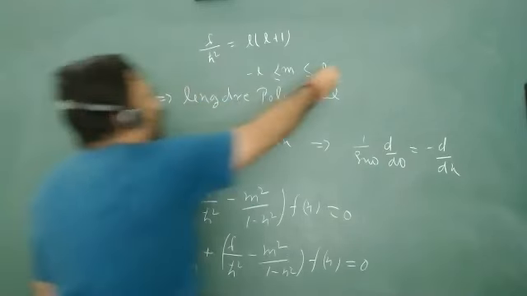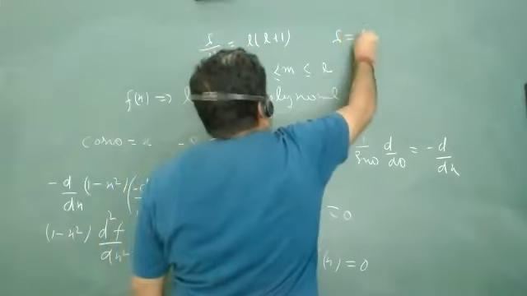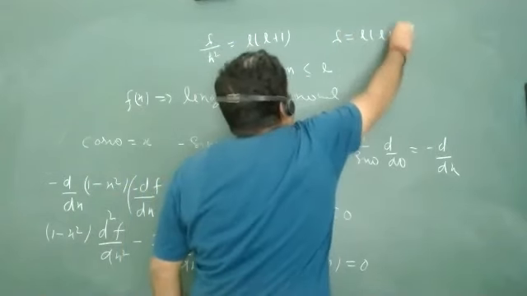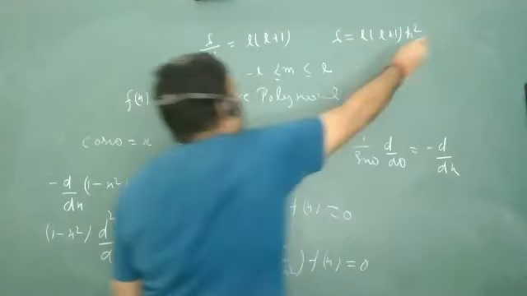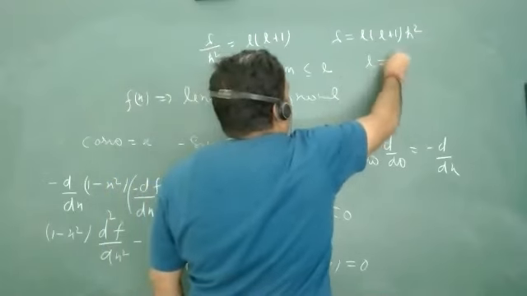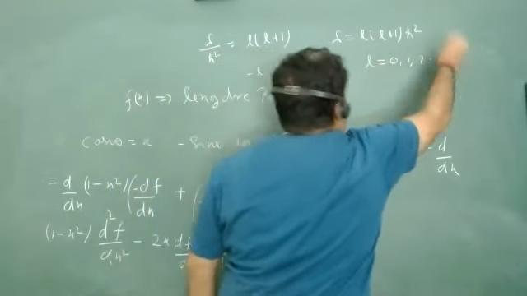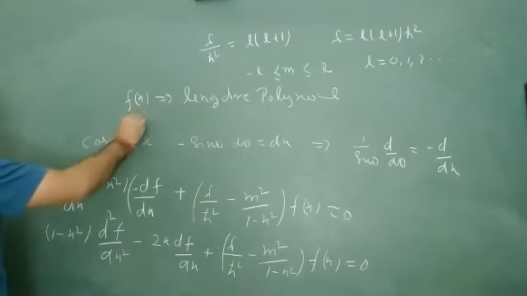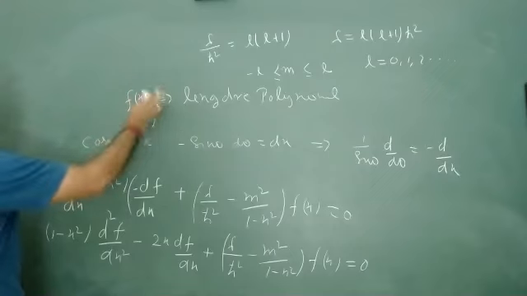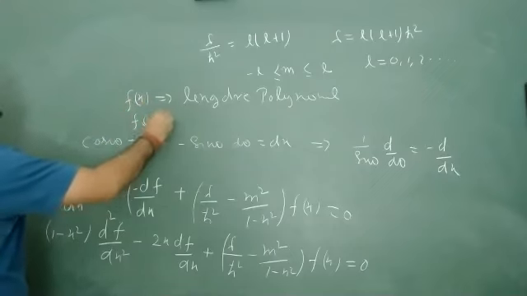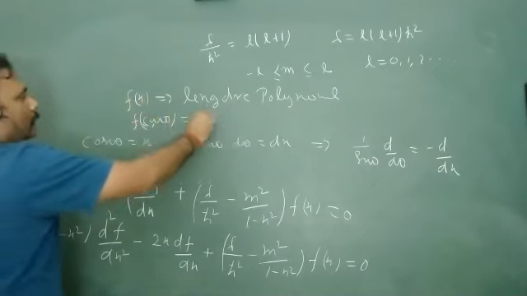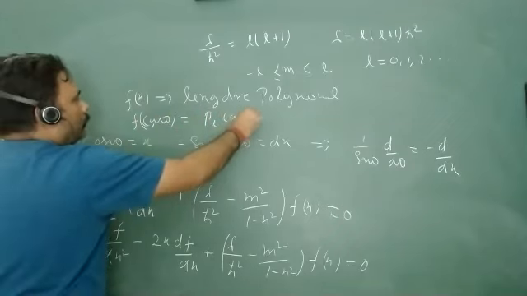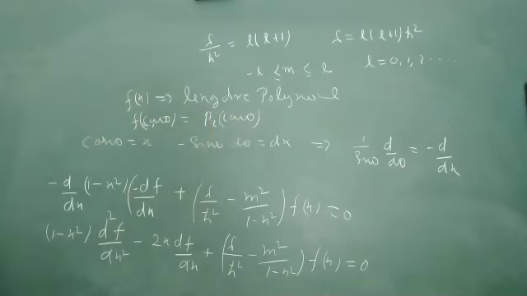Here I have put lambda equal to L into L plus 1 h cut square, and I can put L values 0, 1, 2 and so on. This is nothing but the solution of Legendre polynomial, and f(x) is nothing but you can put f(cos theta), basically P_L(cos theta), and you know what the Legendre polynomial is.